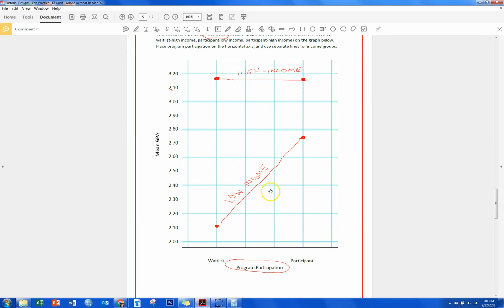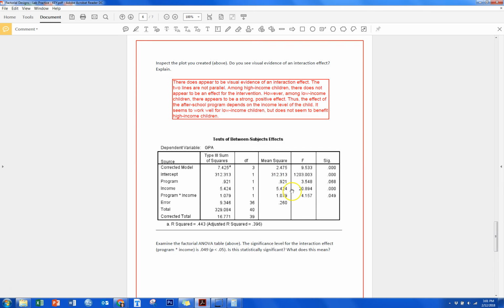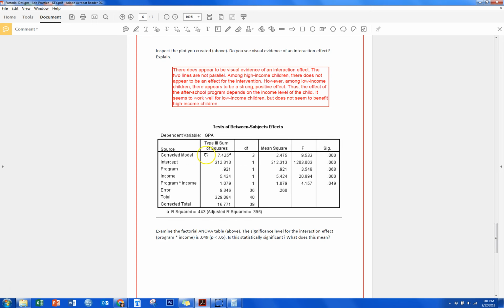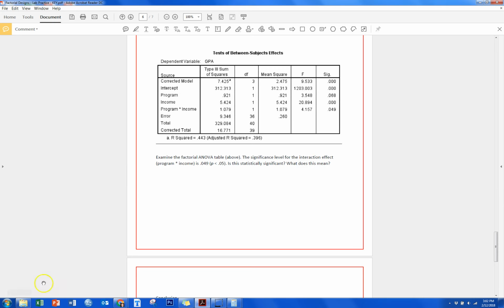This interaction that we're describing, that the effect of the intervention is different for the two groups, we can test that statistically as well when we use a factorial design, a factorial ANOVA. So here, this statistical test looks at each main effect by itself and then the interaction effect between the two independent variables.